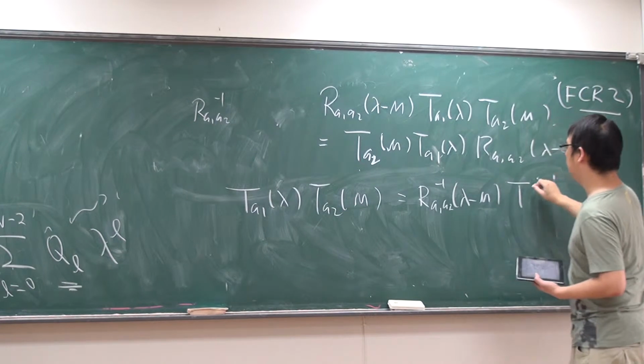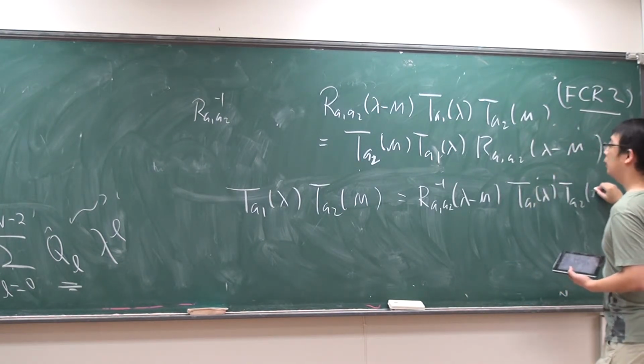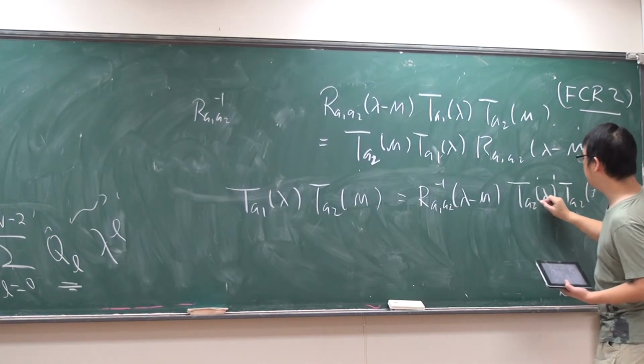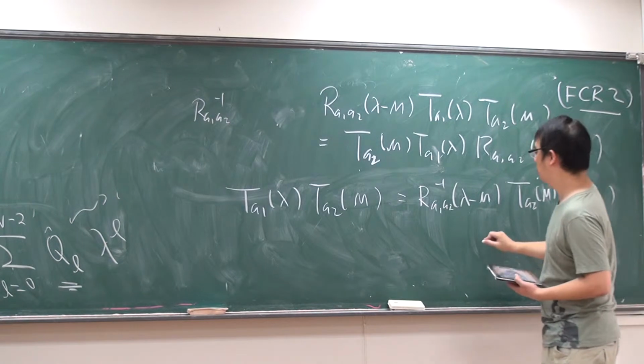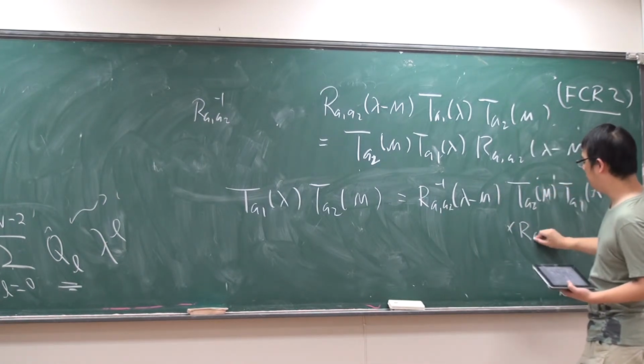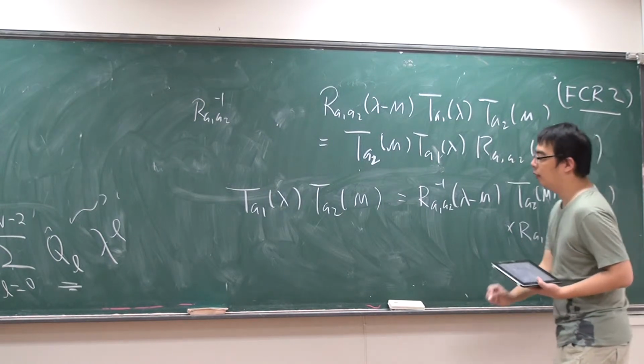And you have T_{A1}(λ) T_{A2}(μ) times T_{A1}(λ) R_{A1A2}(λ−μ).